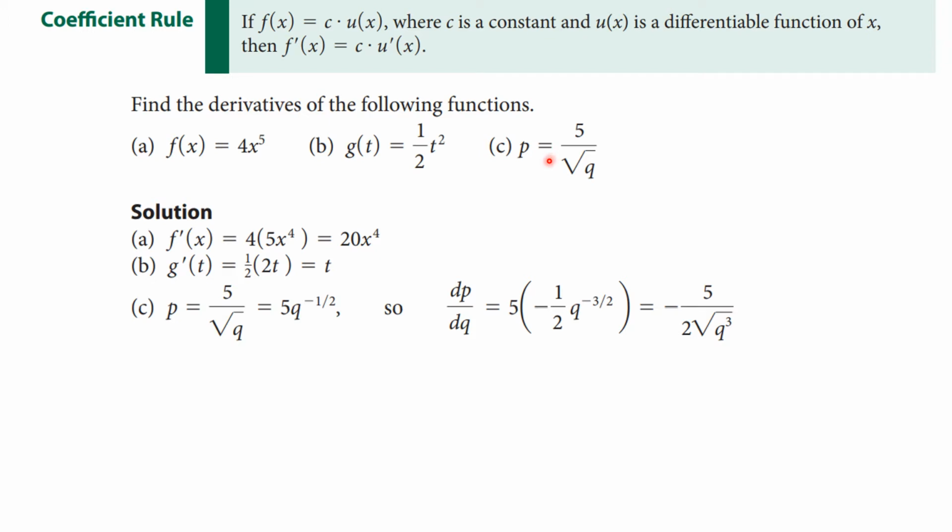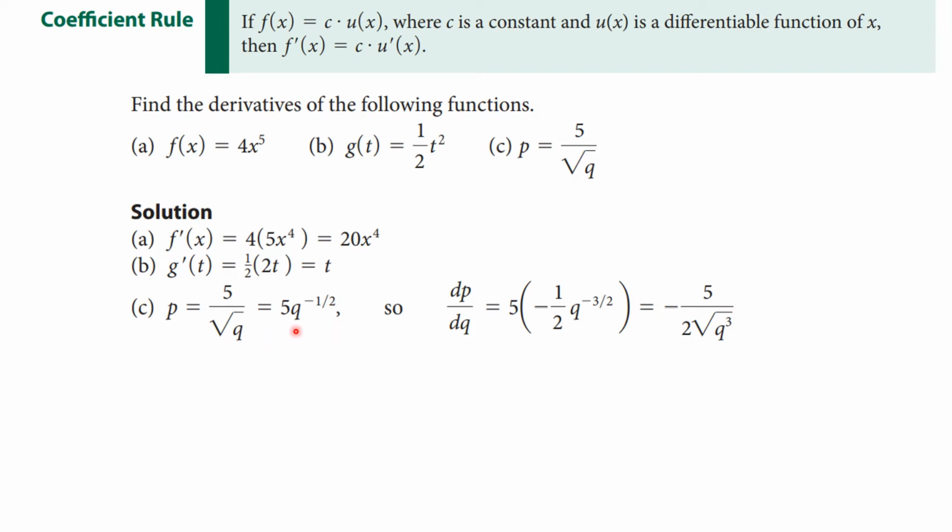Lastly, the function is p equal to 5 divided by root q. Here 5 is the constant number, and 5 by root q you can write as 5 times q to the power minus half, because 1 by root q is actually q to the power minus half.